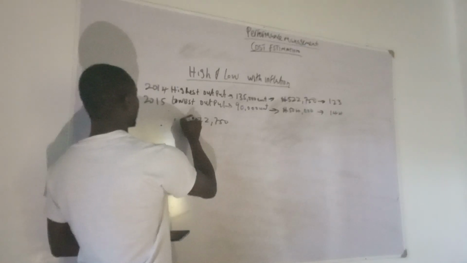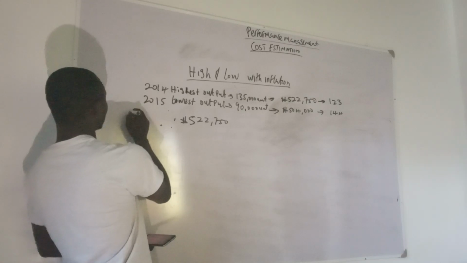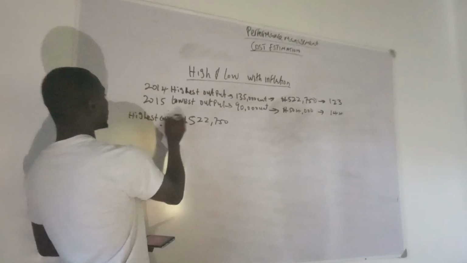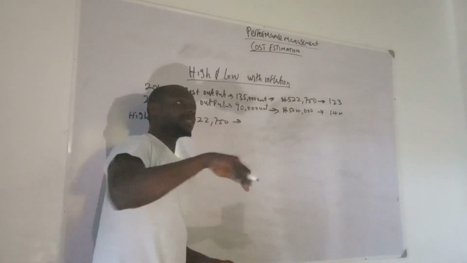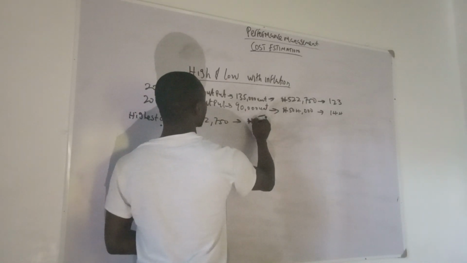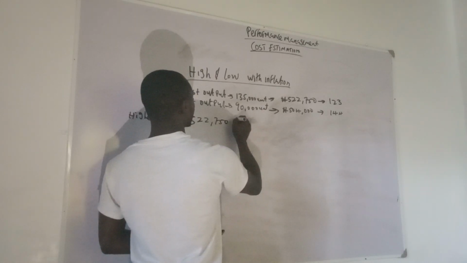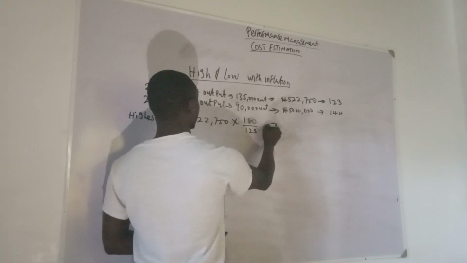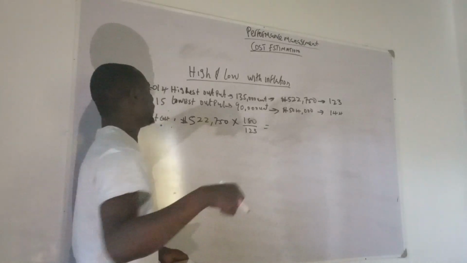So therefore, 522,750, which is the highest cost, you adjust for it, and the price index now is 180. So it will be 522,750 times 180 divided by 123, which gives us the cost inclusive of inflation.